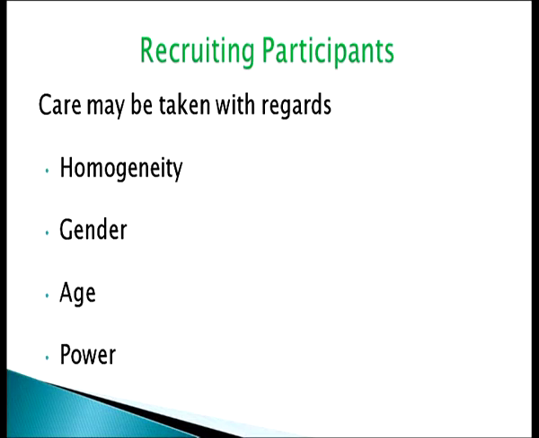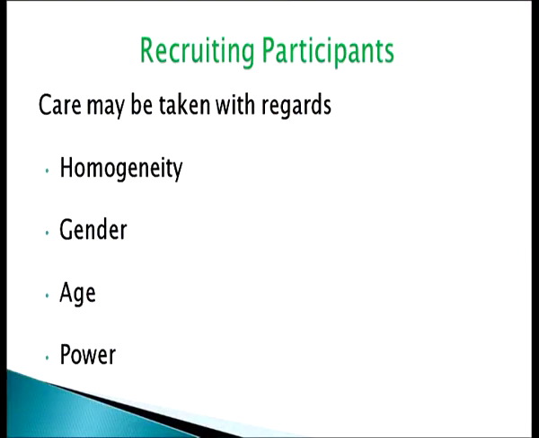And even in terms of age, there should not be a few members who are very young and a few who are very old. It is always better to be homogeneous in terms of age also. Even in terms of power, we have to be careful when we are recruiting the participants.